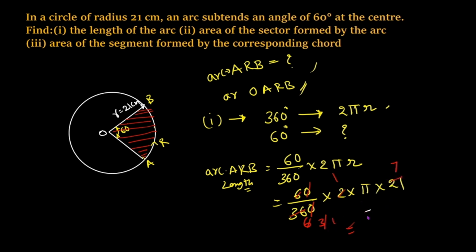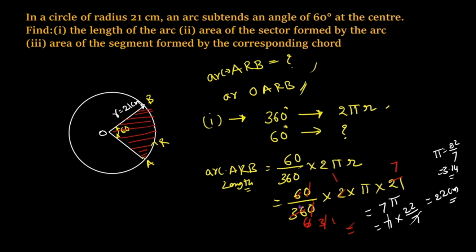So that equals 7 pi. Pi is usually written as 22 by 7, that's 3.14. When you substitute, the 7 gets cancelled and you get 22 centimeters. So the arc length is 22 centimeters.